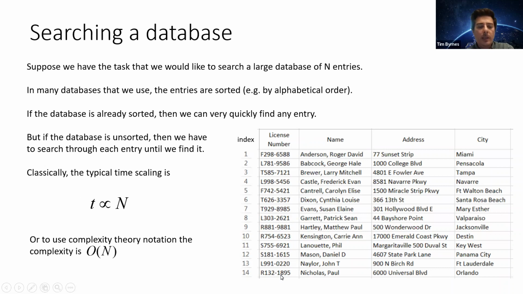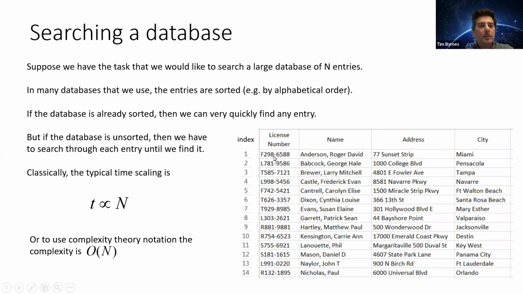So you ended up looking through almost the entire database before you found it, and there's not really any other way of doing it. In an unsorted database, there's no strategy that you can use, because the ordering of all these things is kind of random. If you were to do this randomly, and this had n entries, on average it's going to take n over 2.